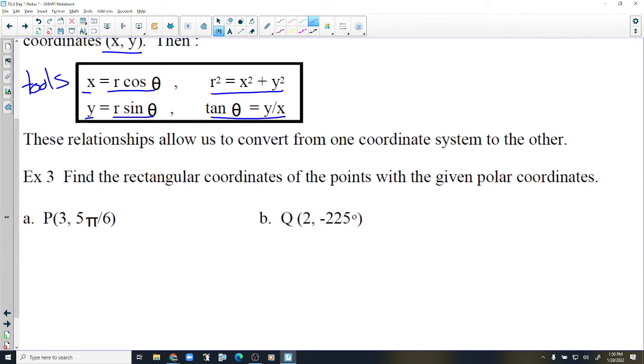Find the rectangular coordinates of the points with the given polar coordinates. So this is an r, and that's a theta. The x and the y are 3 cosine of 5 pi over 6 and 3 sine of 5 pi over 6.